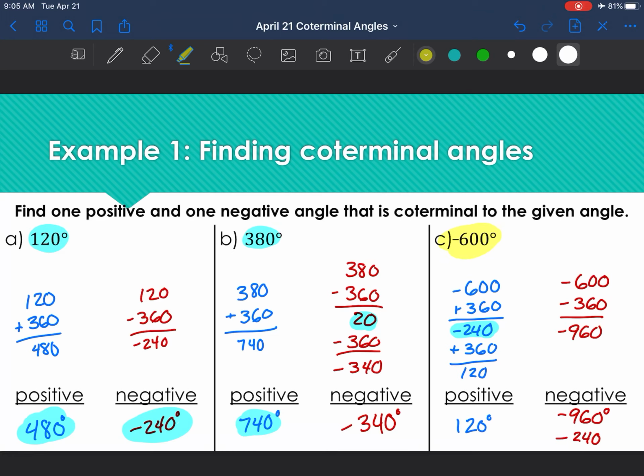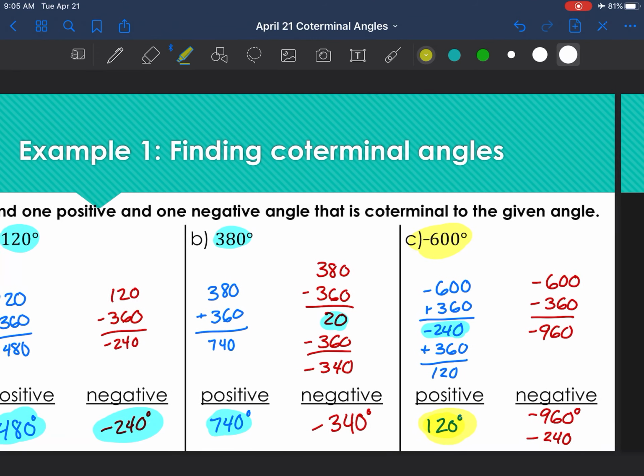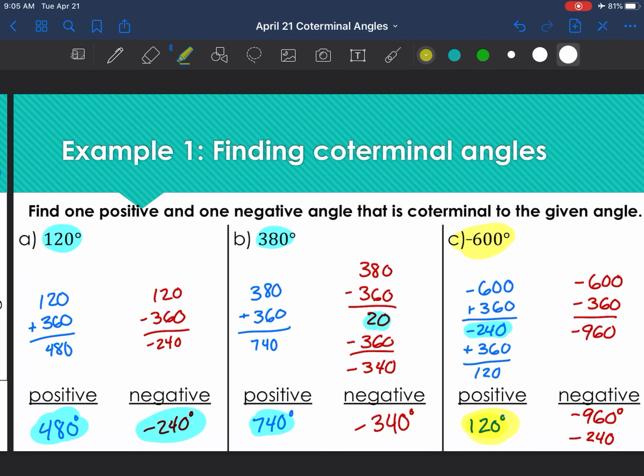So what I do is add 360 a couple times, and then I get 120 degrees, and that I do know how to graph. Since they would both look the same, I can graph a 120 instead of a negative 600, and I'd end up with the same result. So that's why we do coterminals, just to make it easy to graph weird angle measures.